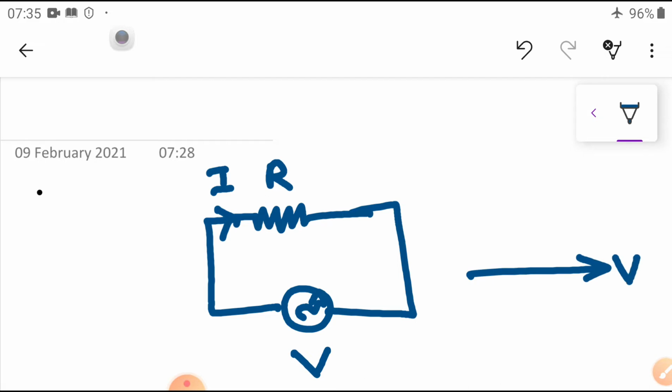Voltage is normal, current is also in phase. The phase angle between both is phi equal to 0.